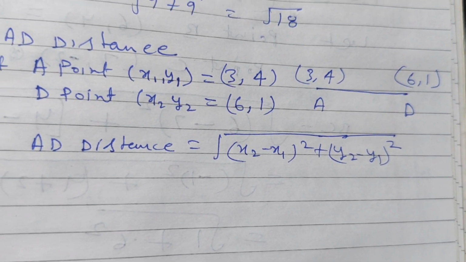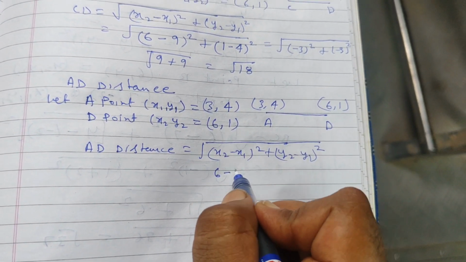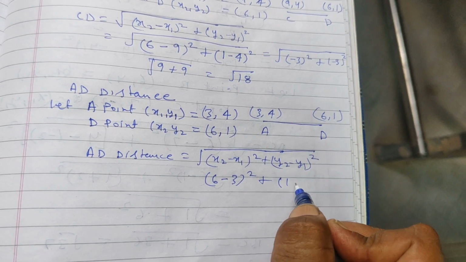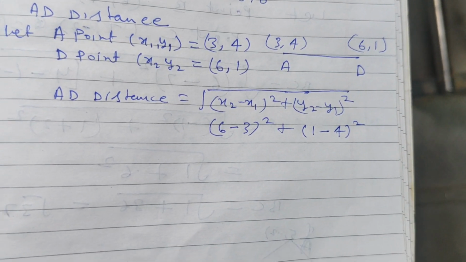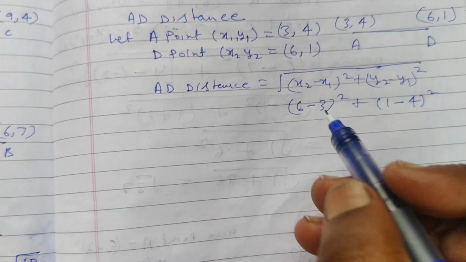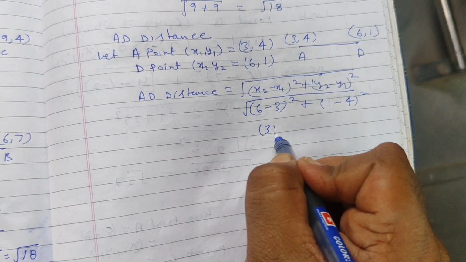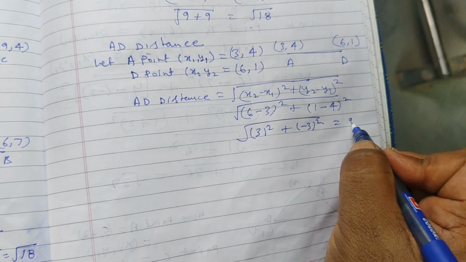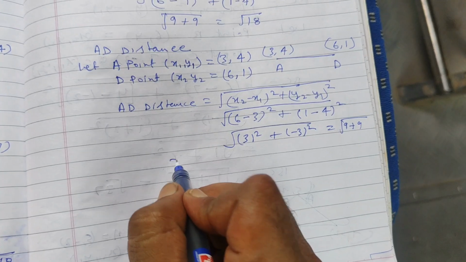So x2 is 6 minus 3, y2 is 1 minus 4. Nine plus 9 is equal to 18.